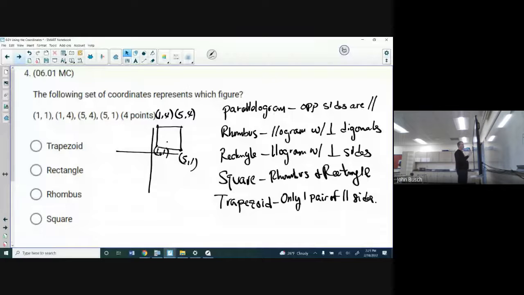This left side is 3. This is 4. This is 3. So this is not a square, but all these sides are perpendicular just because of the way it's graphed. So the answer to this is definitely a rectangle.